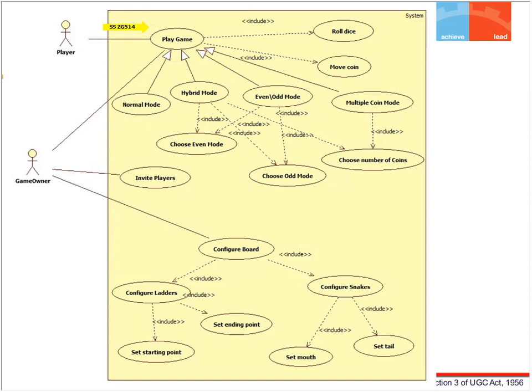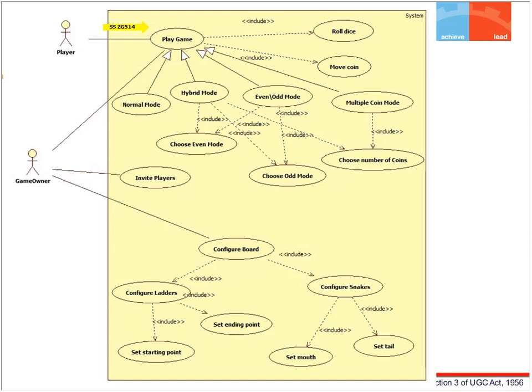The moment we say that a player can play a game, it will be in either one of the 4 modes. There's nothing other than that, right? That is why there is a generalized relationship in this case.